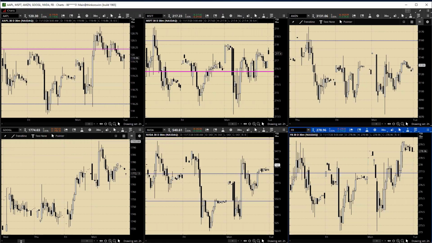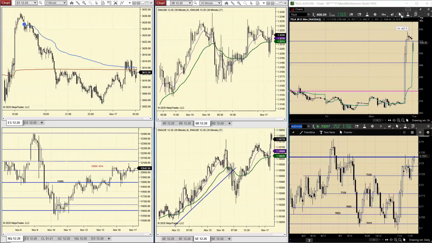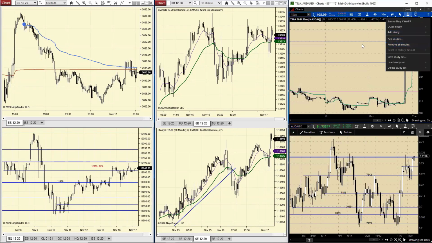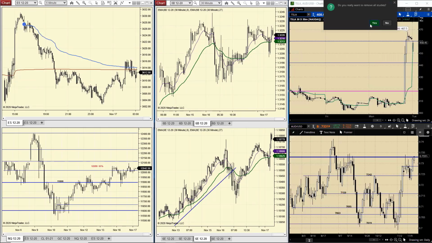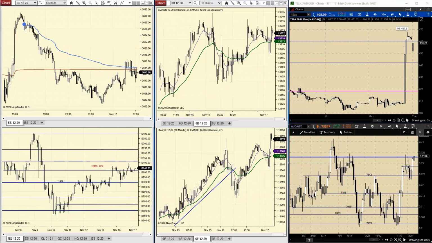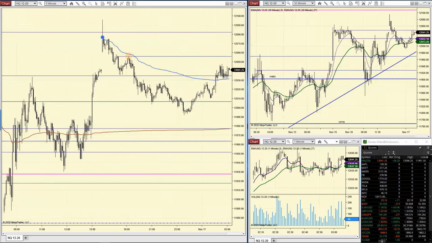So let's go on and move back into where we're at. And we'll take a look at where we stand with the NASDAQ.